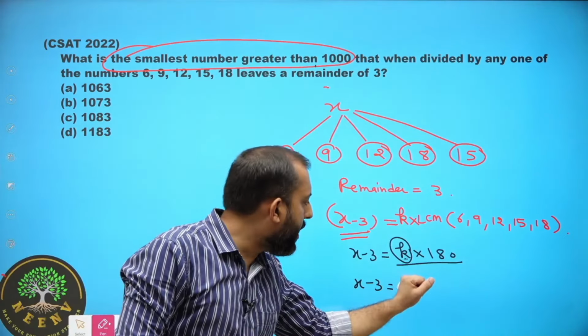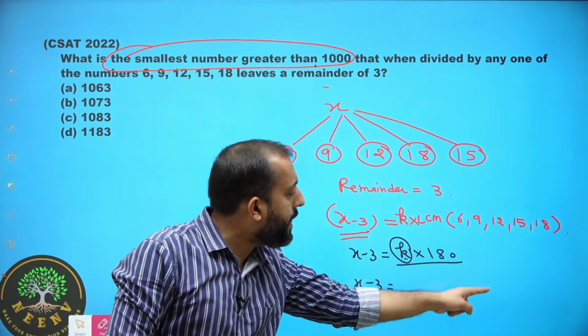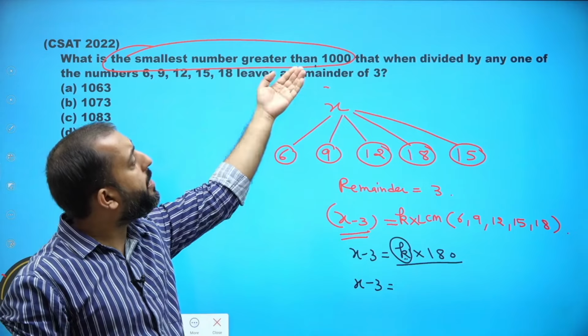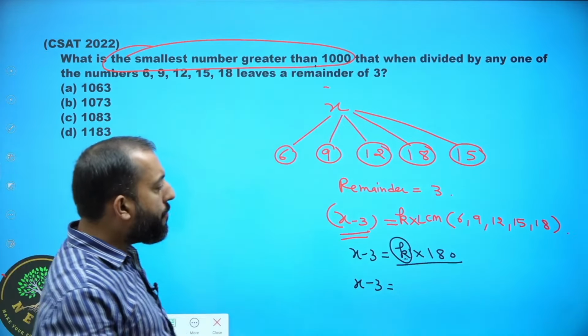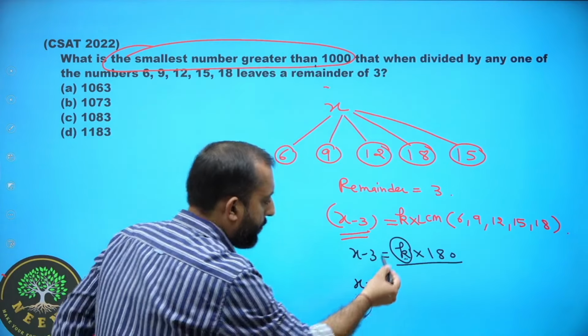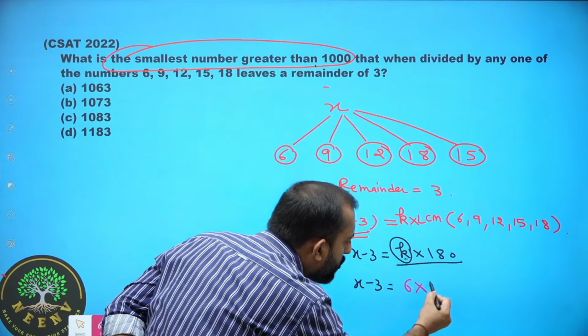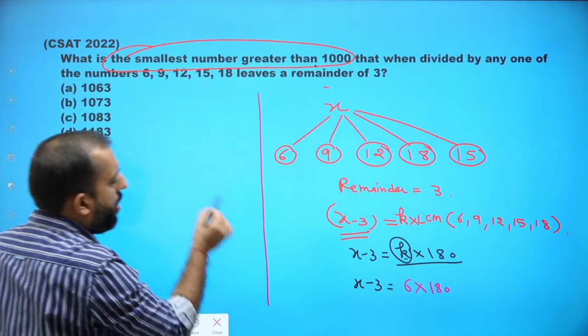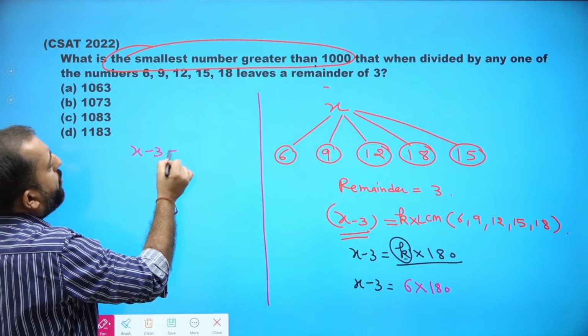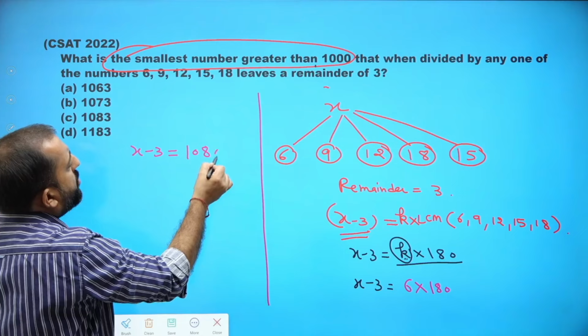Because if I put k to be 10, it becomes 1800, which is a much higher value than 1000. So I need to think. If I put k equal to 6, then 6 into 180, x minus 3 comes out to be equal to 1080.